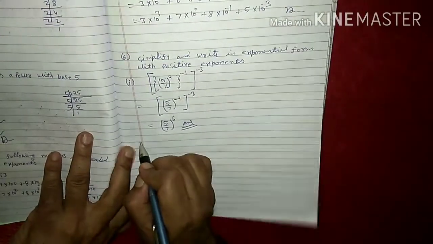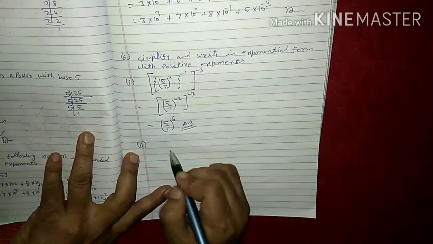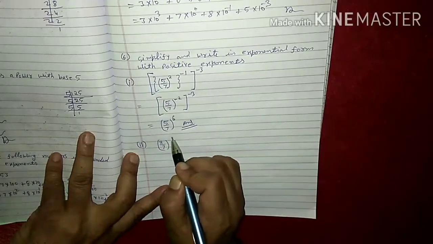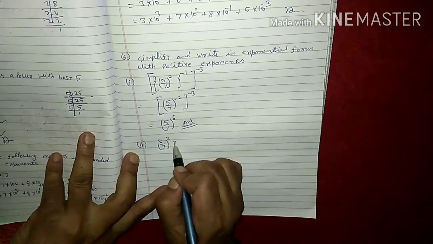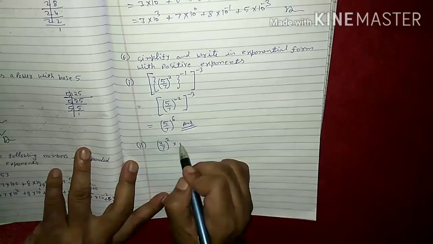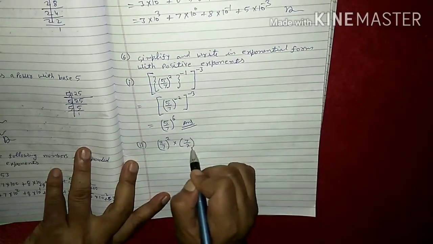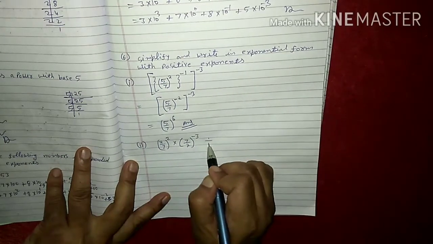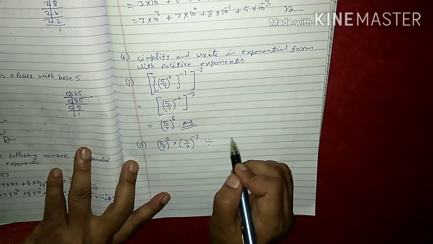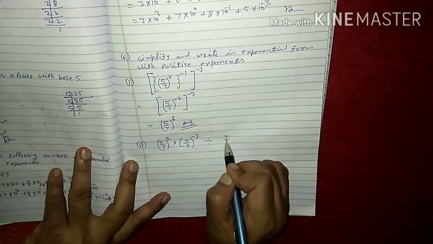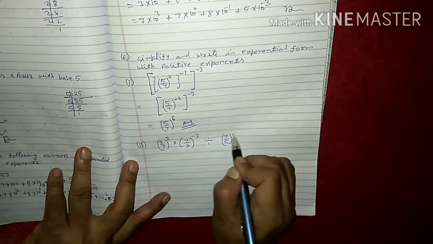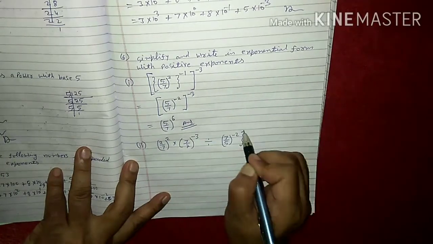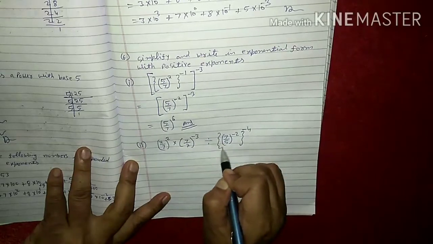Next question: (2/7) whole power 2 multiply (7/2) whole power minus 3 divide (7/5) whole power minus 2, curly bracket, whole power minus 4, right?